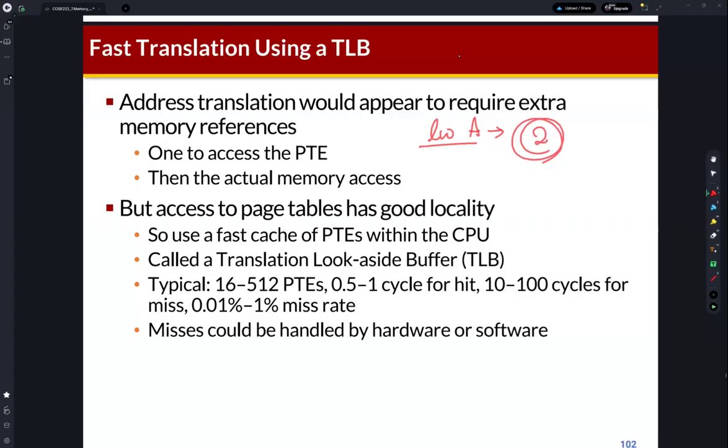I will just explain the benefit of it. The advantage of the hierarchical page table is that we can reduce the storage overhead by the page table, right? But it's not free. The disadvantage is that to get a single physical page number, we need to access main memory many times.